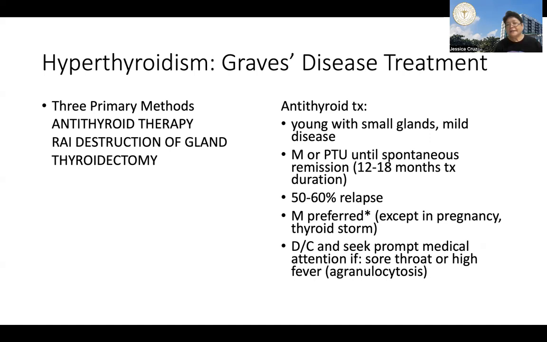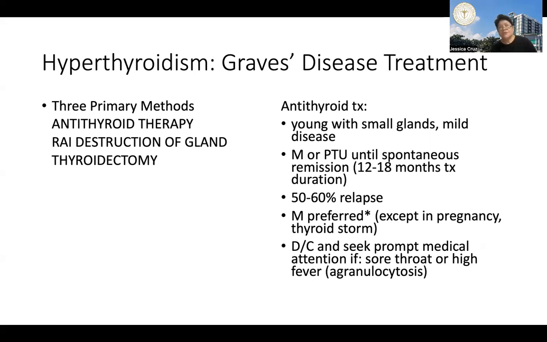And it is given usually over a period of 1 to 1.5 years of treatment with your thioamides, which will often lead to spontaneous remission of the disease. Now, however, you have an increased likelihood of relapse, about 50 to 60%.